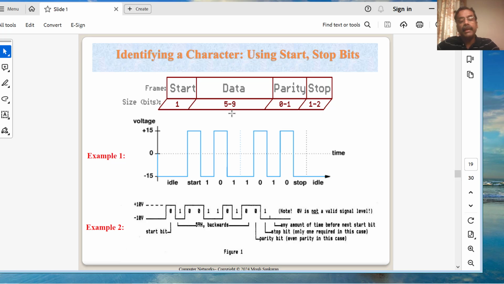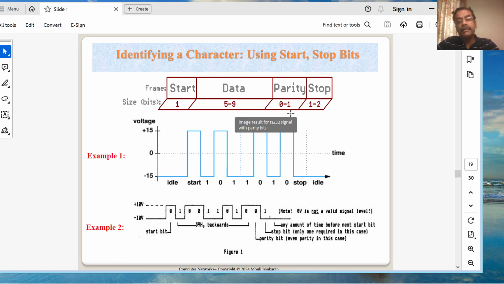I can decide to send a 5-bit data or a 6-bit or 7 or 8 or 9 bit. So there is a flexibility in deciding the number of bits of the data you are sending. Normally in a computer it is 8-bit, but this RS232 standard is standardized to be able to cater for different bits of data. So it could be one of them.